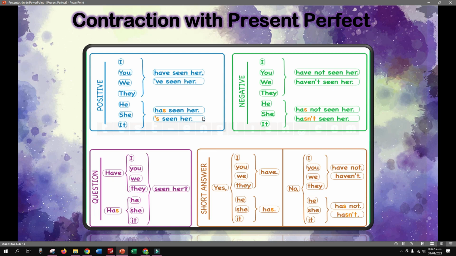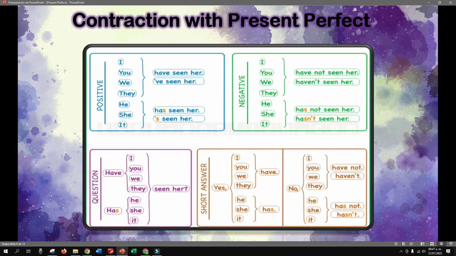So, be careful when you have a sentence like this because maybe you can get confused with another tense, but according to the context you will know if you are talking in present perfect, right?